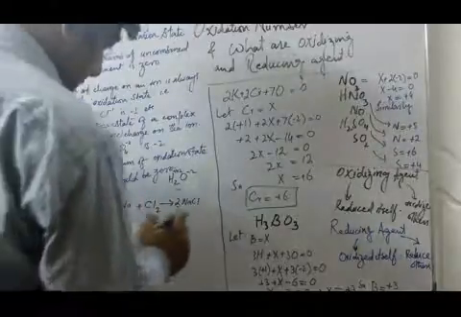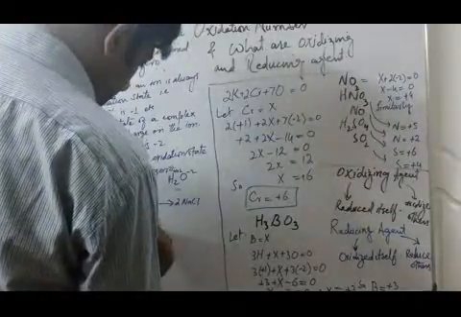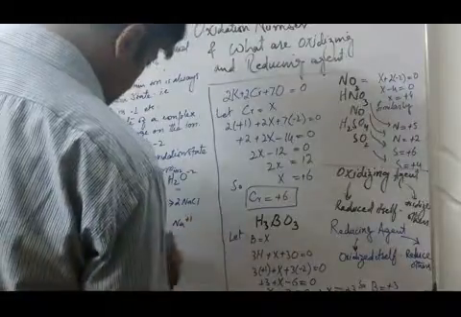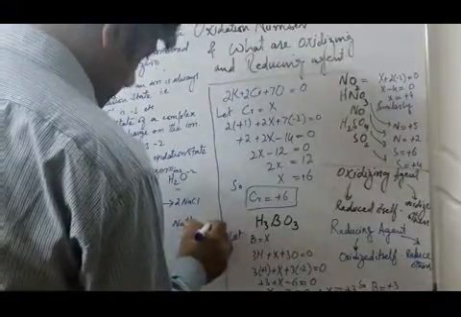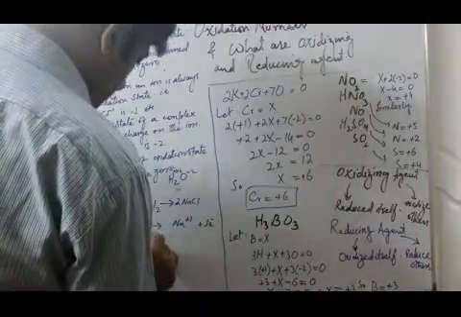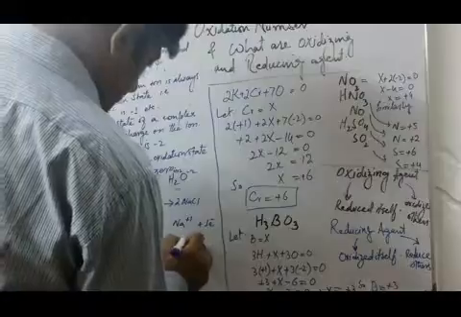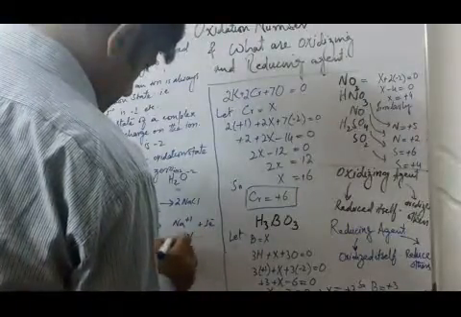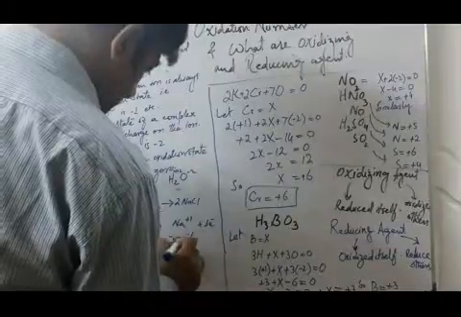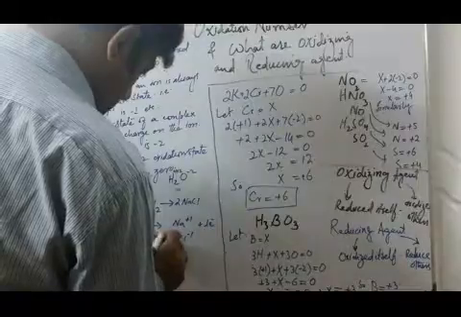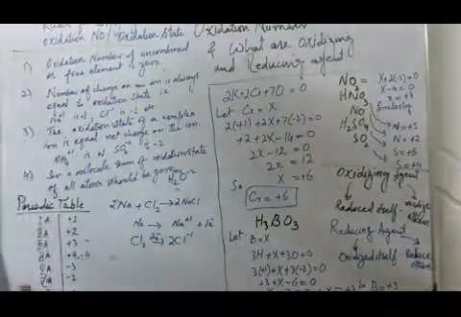If we solve that, the sodium will change into +1, and if we see the chlorine molecule, it will change into chloride ion when 2 electrons are taken by it.